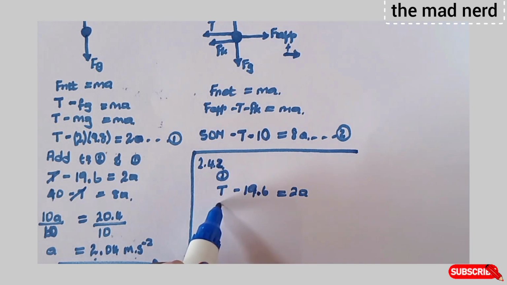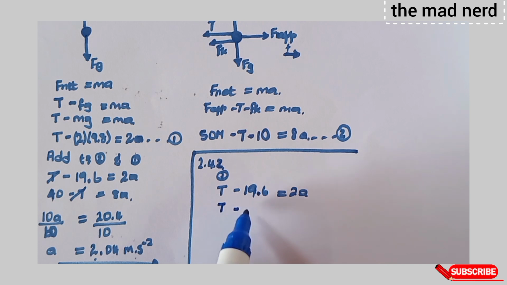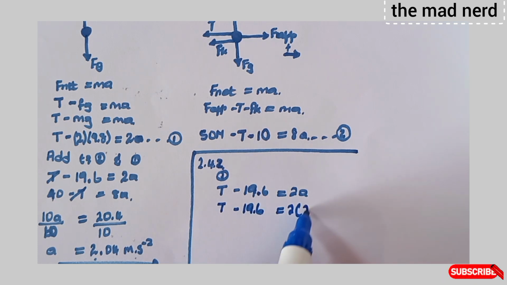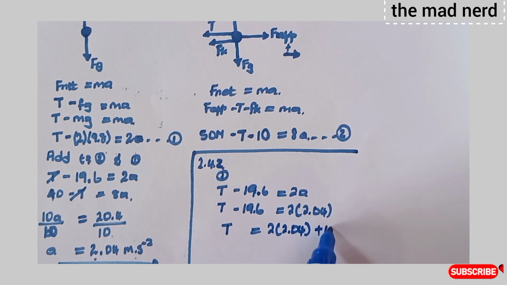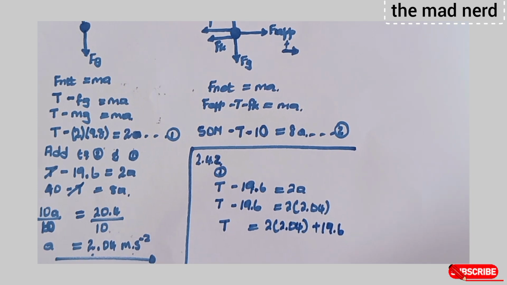Now let's try to find it. T minus 19.6 is equal to 2 into 2.04, and then let's transpose the 19.6 to the other side: 2 into 2.04 plus 19.6. Let's punch it into our calculator.